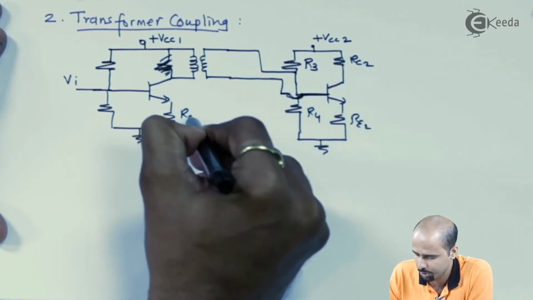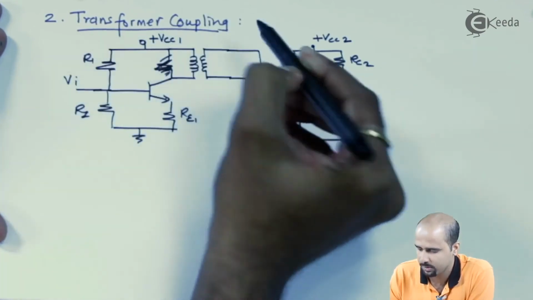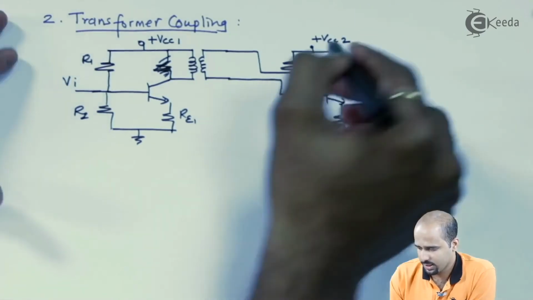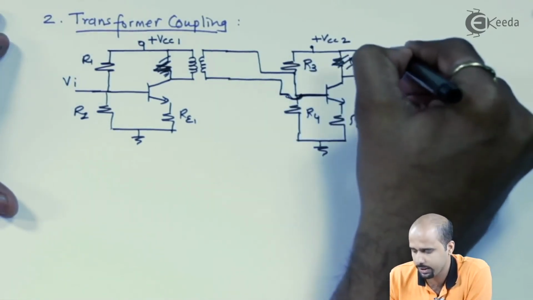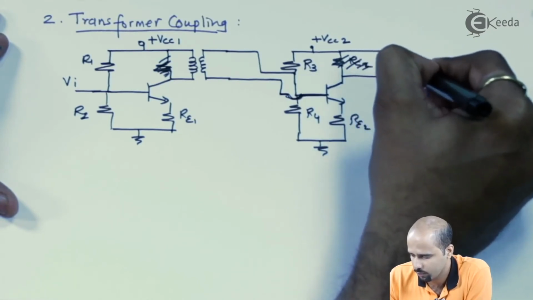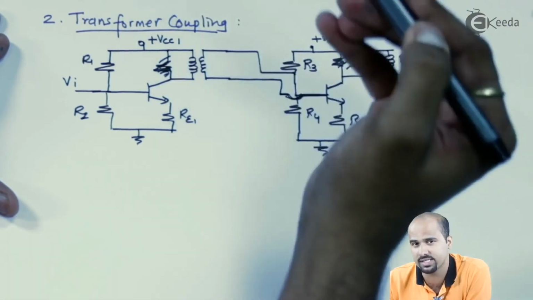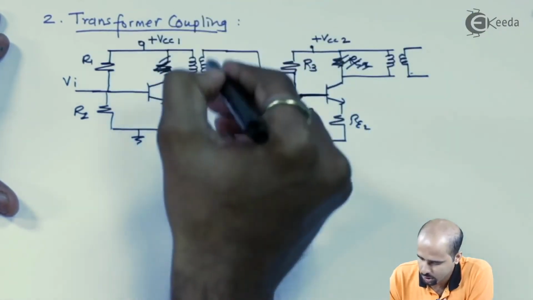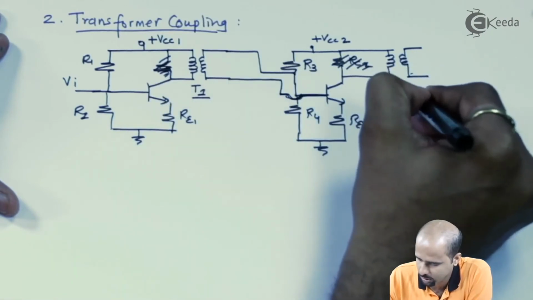We'll do all the naming. RE1, this is R2, this is R1, right? Now in this case, again we will not be using RC2, we will use the coupling in the form of a transformer, right? Similarly, we will be getting the output at the secondary of the second stage's transformer, right? So this is transformer 1, and this is transformer 2.